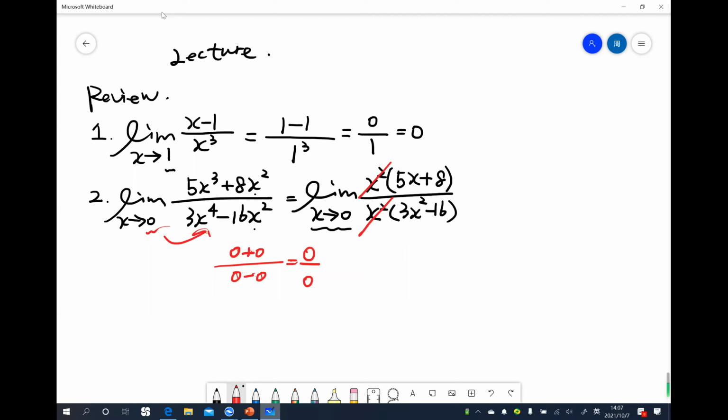Now we can substitute x equals 0 into the new function. We can just substitute here to see the result. So that equals (0 plus 8) over (0 minus 16), which equals minus 1 over 2.